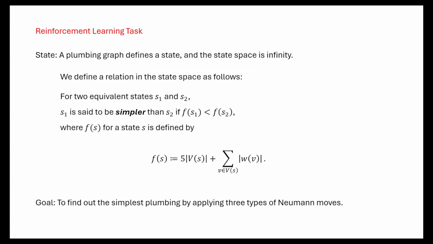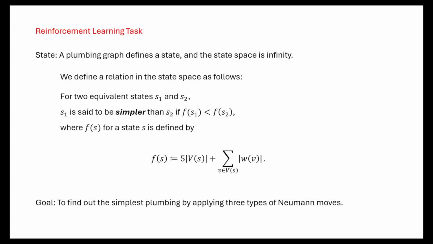For two equivalent states, in two equivalent prime graphs, one is said to be simpler than the other if some function f of S1 is smaller than f of S2. What is f? f is essentially the sum of the number of nodes in the prime graph and the sum of the absolute values of all the weights of nodes. And the coefficient 5 is just experimentally chosen in our setting.